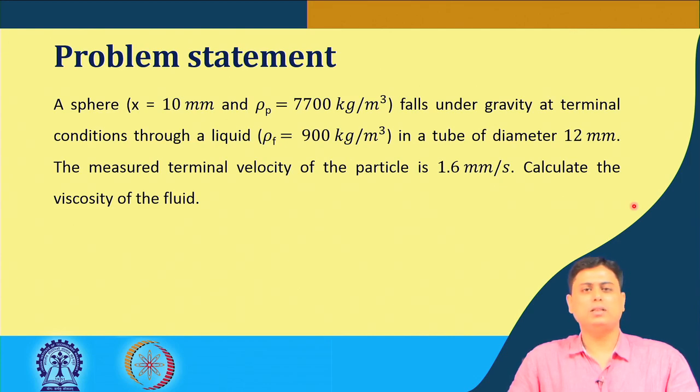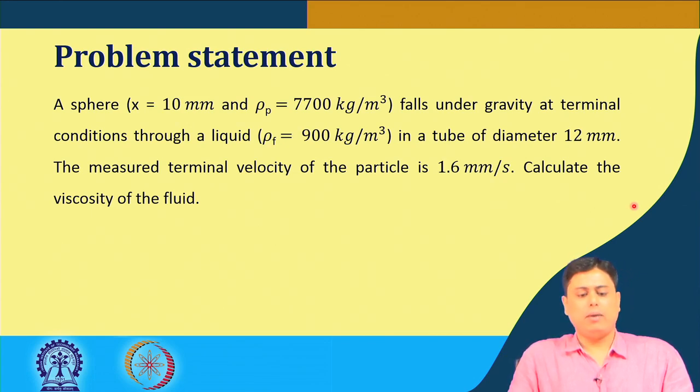So by mentioning these two dimensions, it is indirectly mentioned in this problem statement that there is an effect of the boundary on the terminal velocity. You have to understand this, because nowhere is it directly written to consider the effect of the wall.